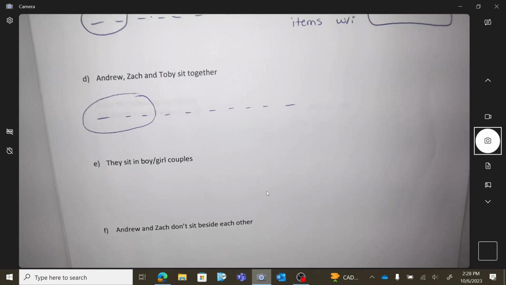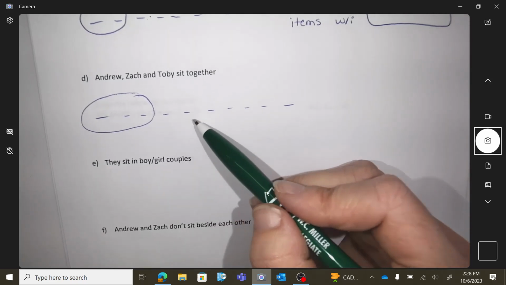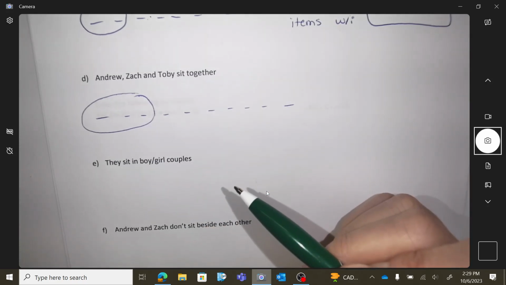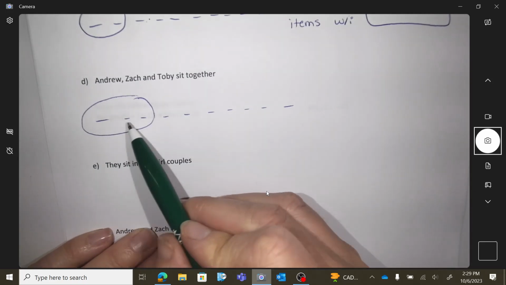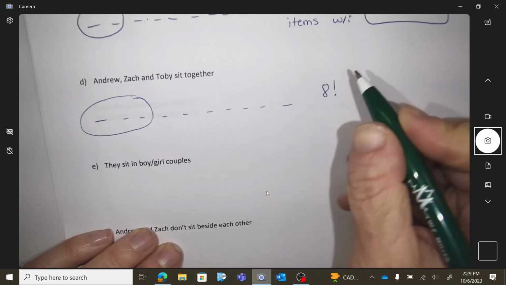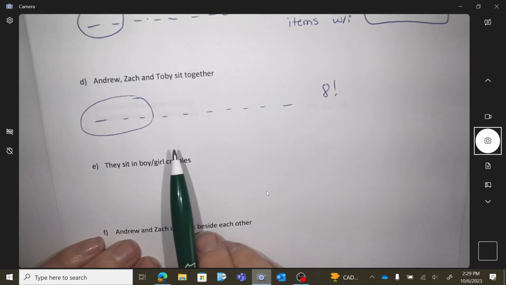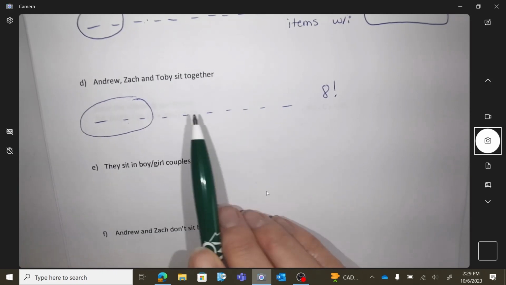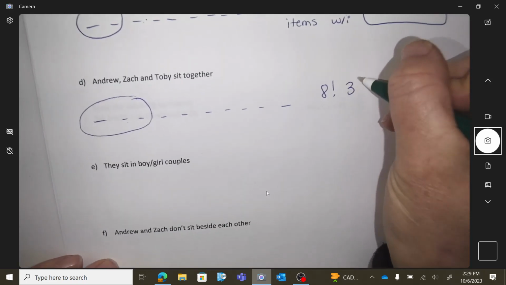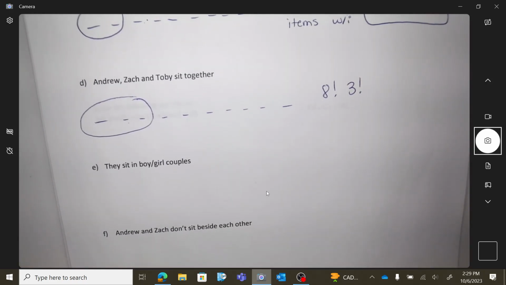Can you do it? Okay, so for me, I'm counting 8 moves because this is 7 individuals and 1 group. So there's 8. And now within themselves, they can move around.